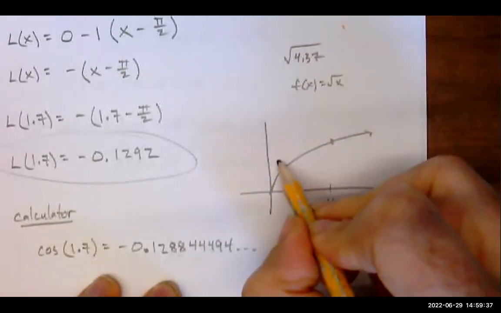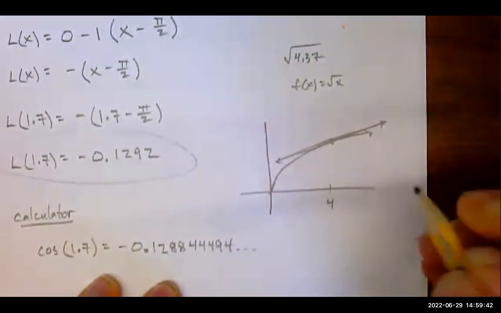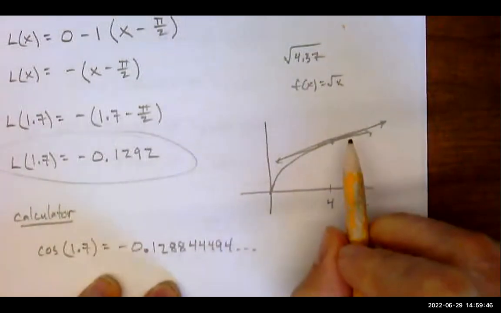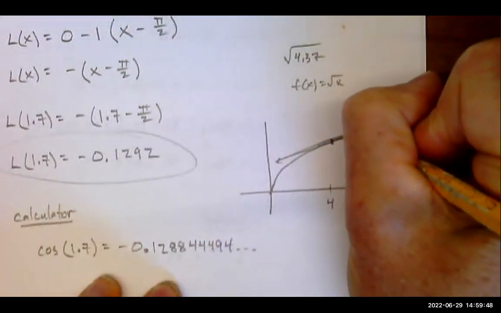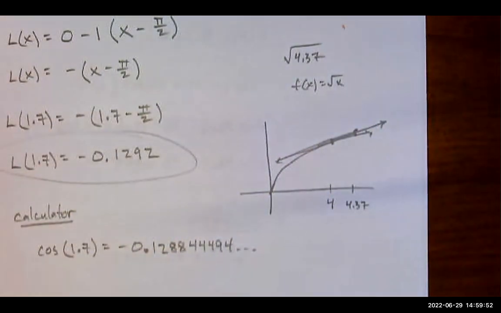This time the tangent line was above. So when we found it at 4.37, our tangent line is a little bit higher than the actual value. And so our approximation was slightly larger than the actual square root of 4.37.